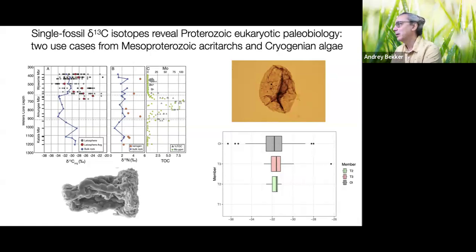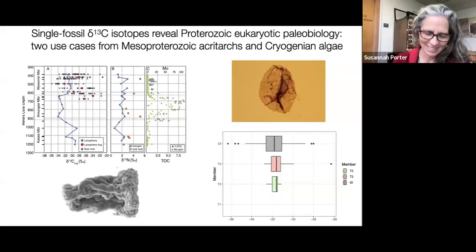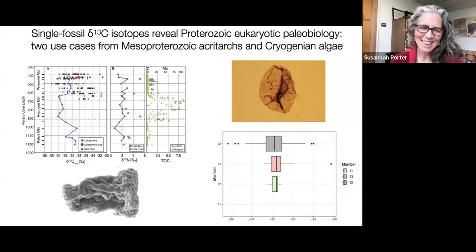Okay, and I guess next, Susanna. Hi, Phoebe. Great job, exciting talk. I had a question about the Velkerri results, the interpretation that it indicates that these eukaryotes had mitochondria, and I ask because I'm struggling with this myself.